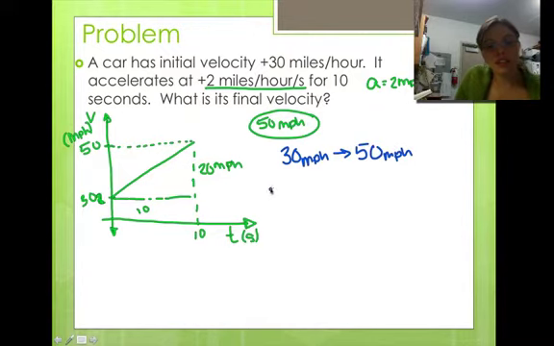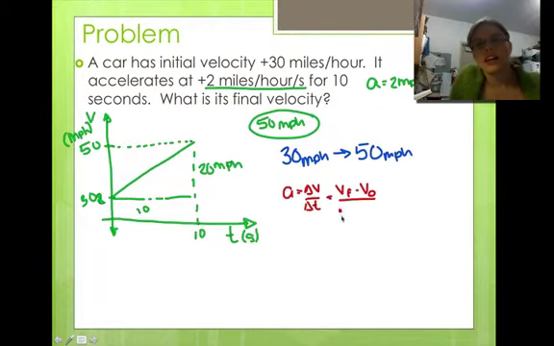We could also use the definition for acceleration. Acceleration is change in velocity over change in time. And that is Vf minus Vi, you'll see it written as Vi or V naught. It means the same thing. It means the initial velocity, over change in time.